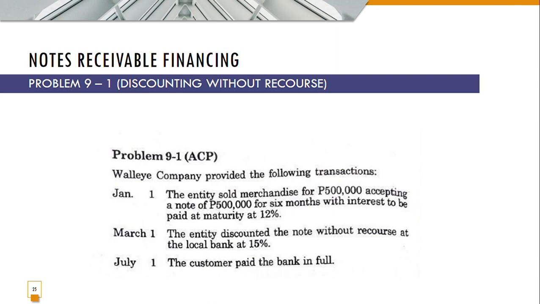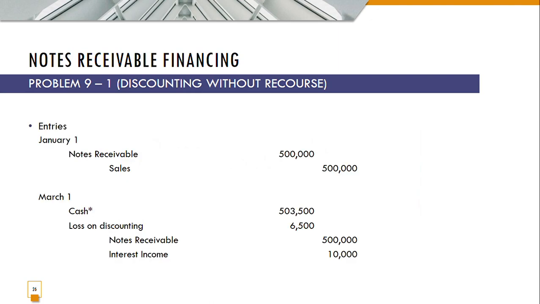So that is 6 months from January 1, so July 1 is the maturity date. The customer paid the bank in full, meaning the customer honored the note. On January 1, it's easy, just record sales and notes receivable for 500,000. On March 1, you record cash of 503,500, a loss on discounting of 6,500, notes receivable of 500,000, and interest income of 10,000.